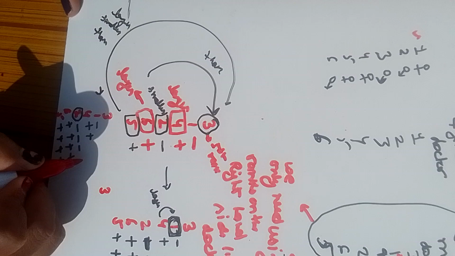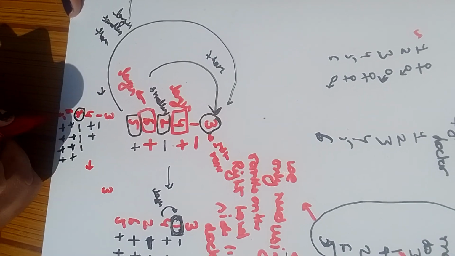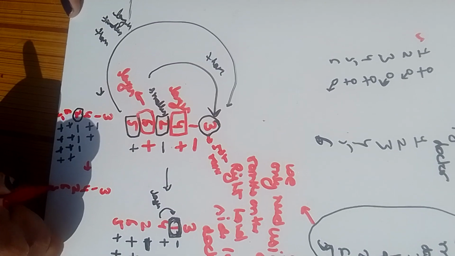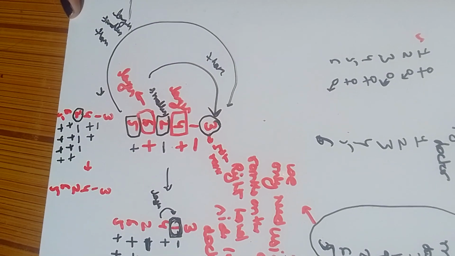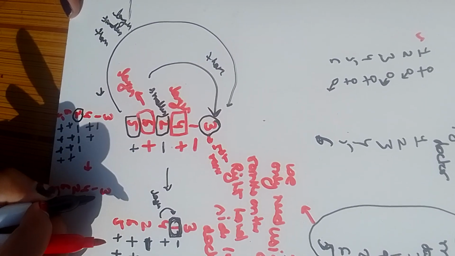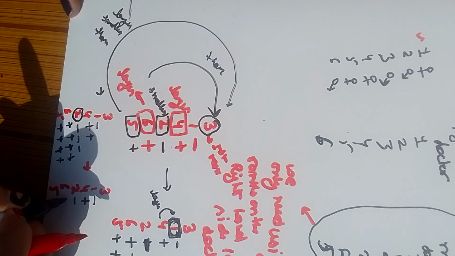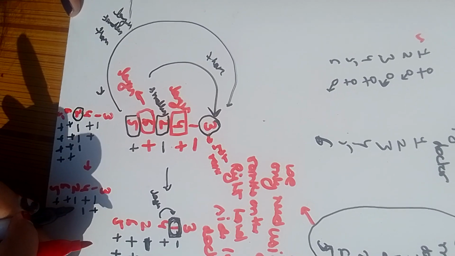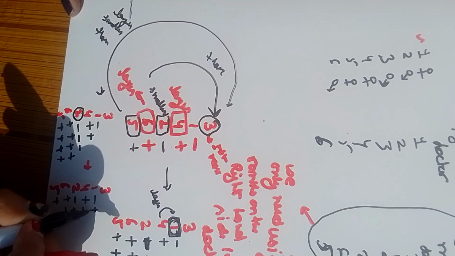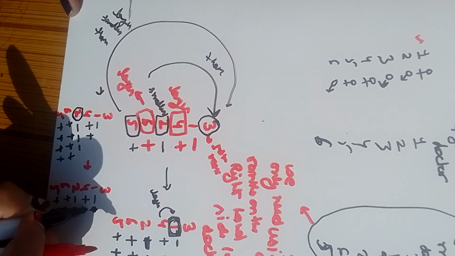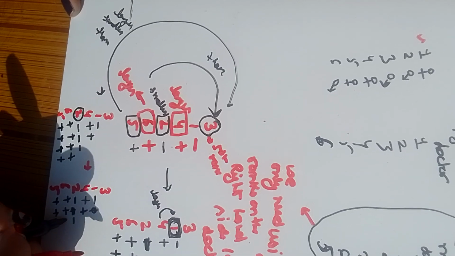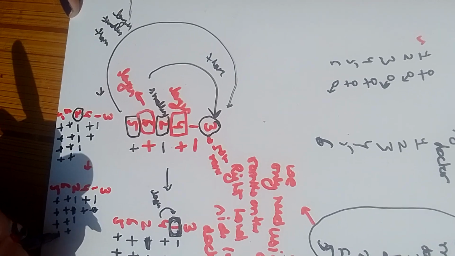Again we will do the same till the last value: 3, 1, 4, 2, 6, 5. So what will we write here? Minus, plus, minus, plus, plus, plus, minus, plus, plus, minus, plus, plus, minus, plus, plus, plus, plus.